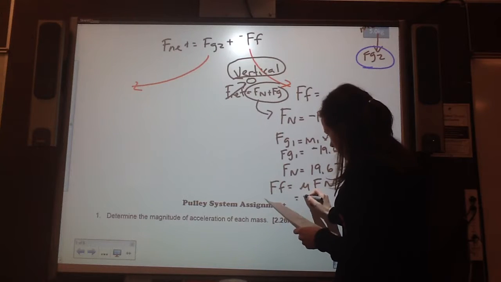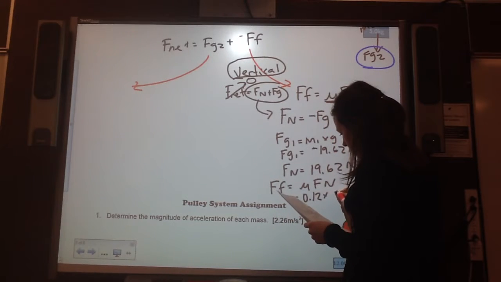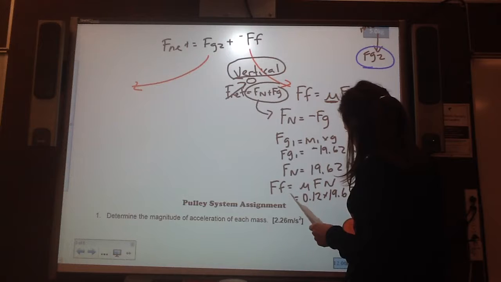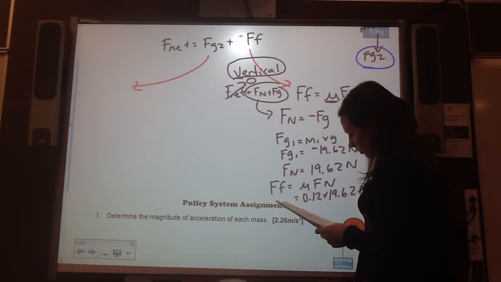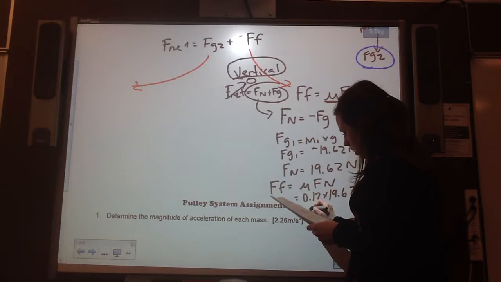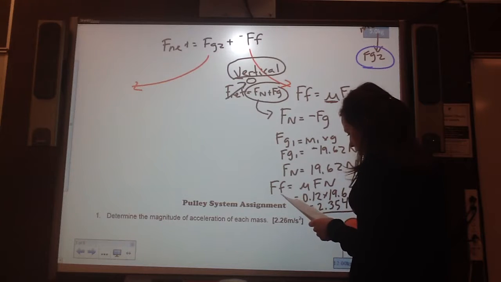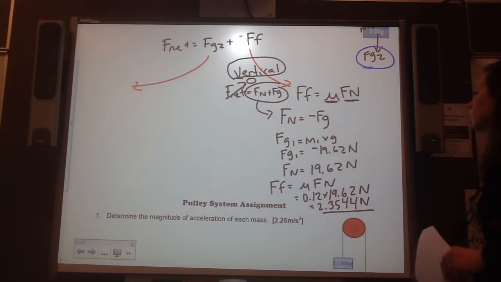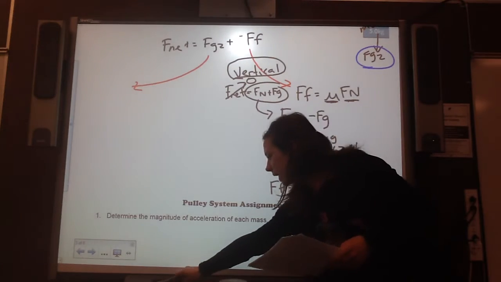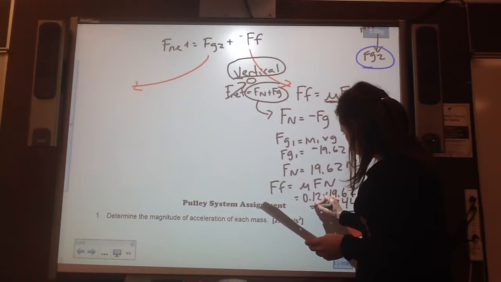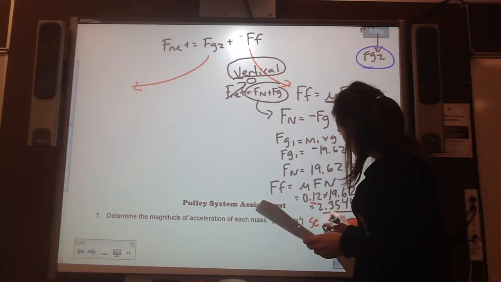So that's equal to 0.12 multiplied by 19.62 newtons. So Ff then is equal to 2.3544 newtons, which I set as negative because it is opposing.